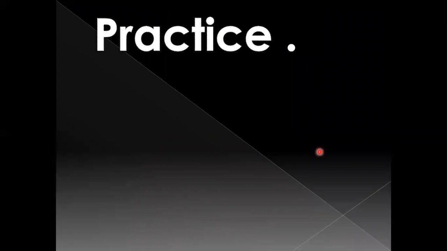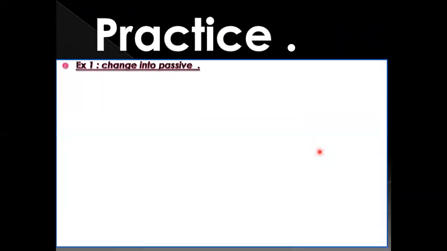The first practice in our lesson: change into passive. I am going to give you this sentence and your job is to change it into passive. When we say, oil companies mustn't cut down the trees, the subject in this sentence is oil companies, mustn't is a modal verb in the negative form, cut down is the base form of the verb, and the trees is the object.